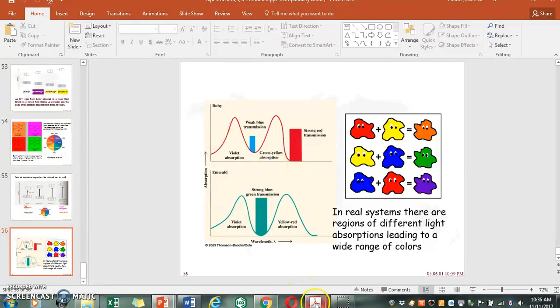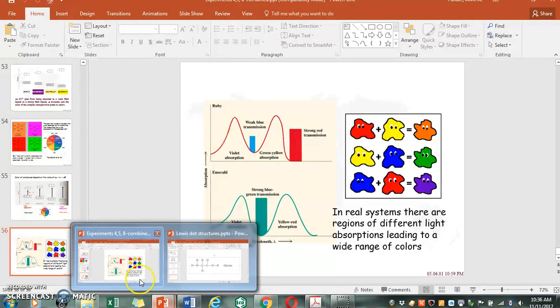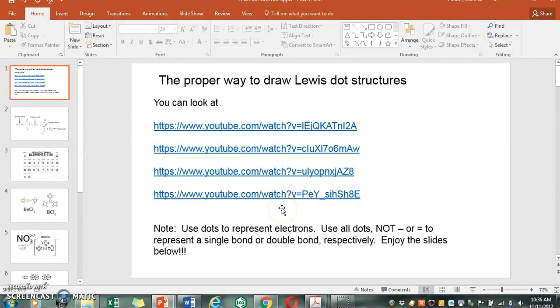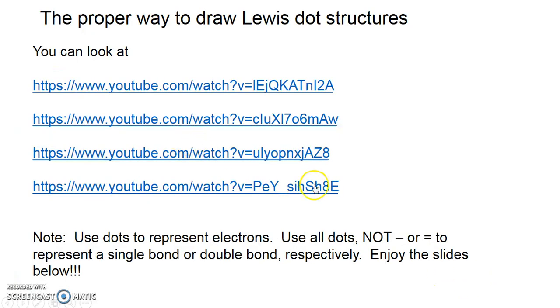Now, regarding Lewis dot structures, I'm going to give you guys a little preamble, the proper way of drawing the Lewis dot structures. It's very important that you look at these YouTube videos.